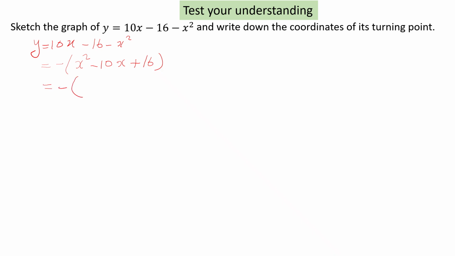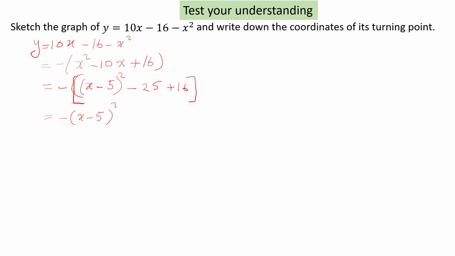Now do the complete square. So x minus half of 10, 5, squared. Take away 5 squared, 25, plus 16. Negative x minus 5 squared, negative 25 plus 16 is negative 9.